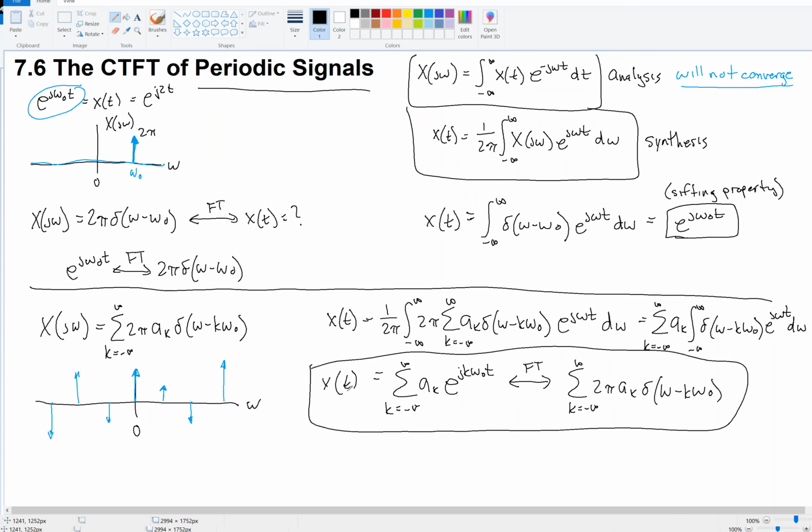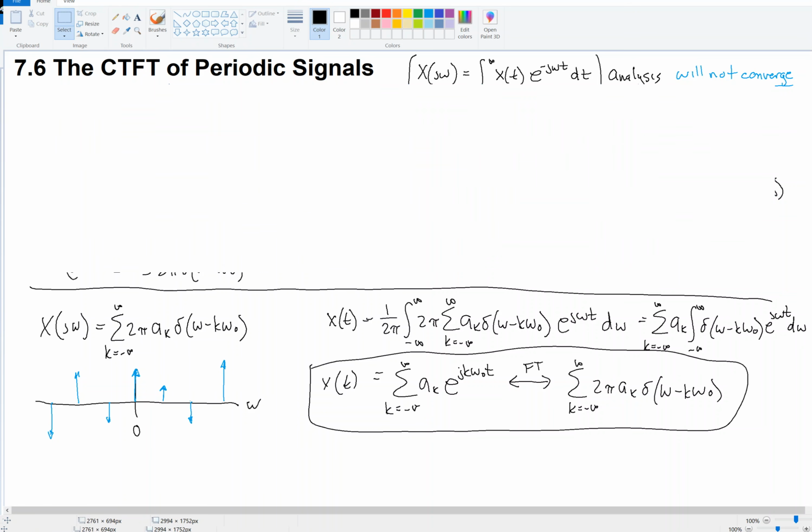Its signal is x of t here. Well, what is that? That's the synthesis equation of a periodic signal with Fourier series coefficients ak. So this has a Fourier transform which is a sum of 2 pi times those Fourier series coefficients times shifted delta functions. So what does that mean?